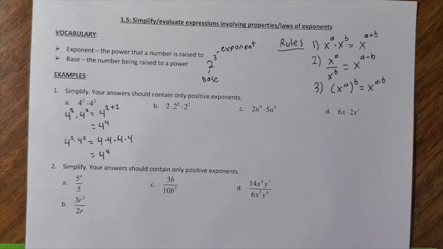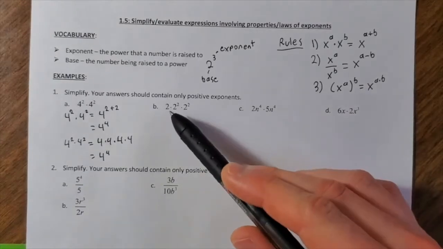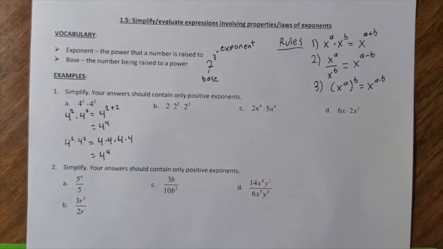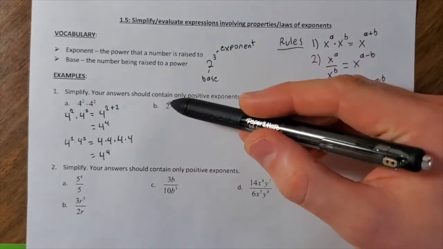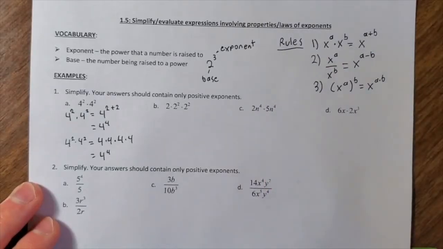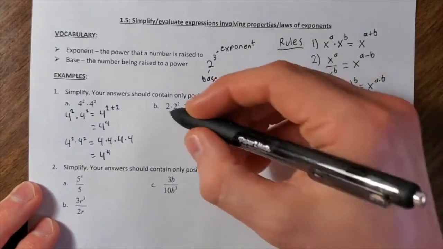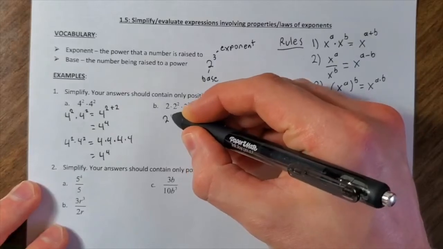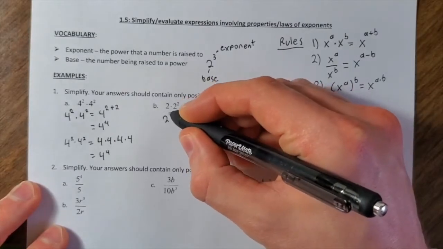All right, let's try out the next one with our 2s here. Now we have 3 like bases, and it's going to be the same idea. Since we have like bases with every single one of these terms, we can still apply our first rule here. So we have 2 to the 1st power here.